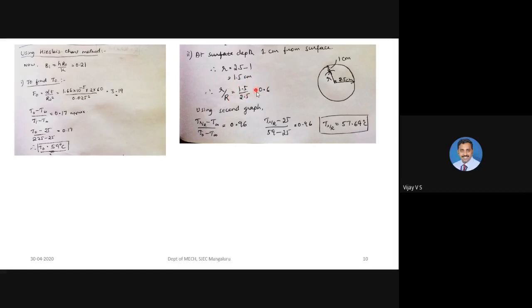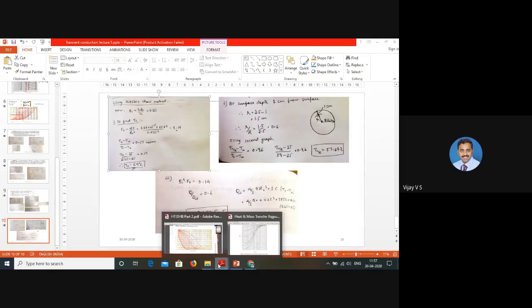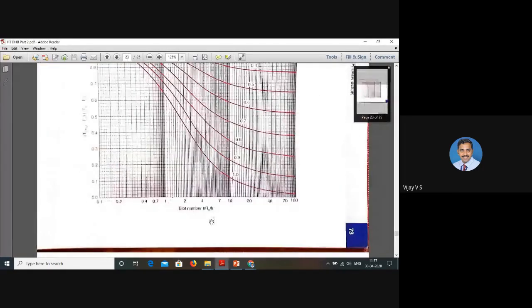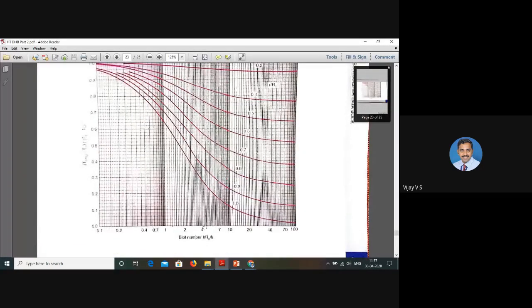So for the 0.6 value, now I will go to the second graph, page number 73. Here Biot number is 0.2. See, 0.2 is here, and r by R is 0.6. This is the 0.6 line.